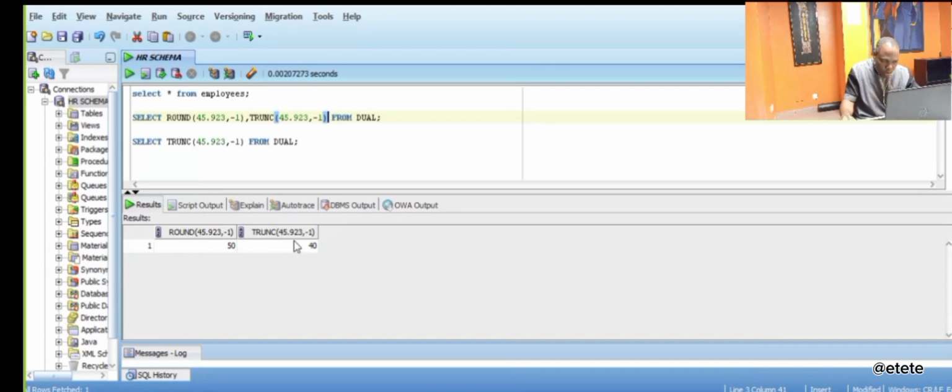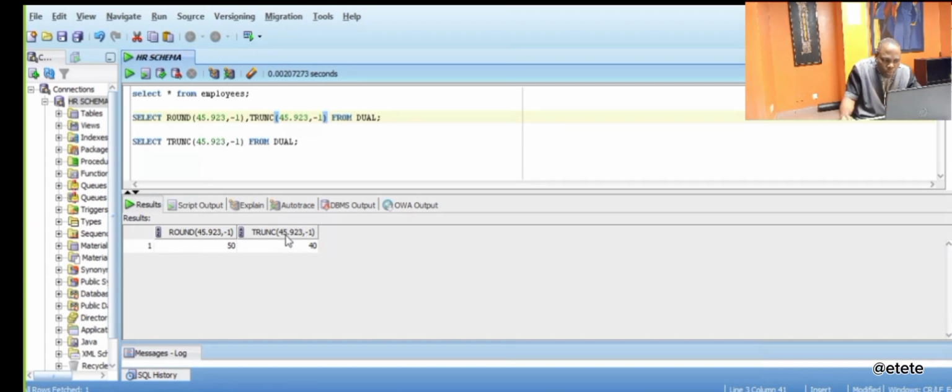What did trunk do? Trunk is also looking at the multiple of 10, but trunk is going to trunk the left hand side of the decimal. That is what the minus is telling us, and it's trunking it 1. So the unit 10 raised to power 1 is 10. The number under that 10th is 4, right?